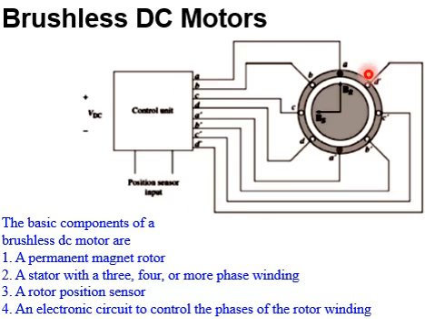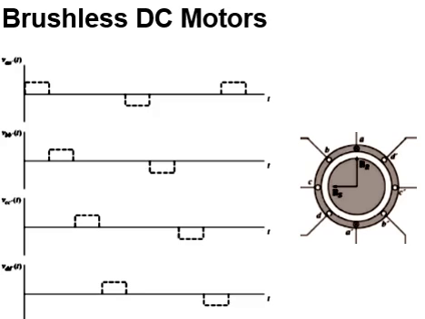And this is the complete circuit which is used, especially this unit, which is the control unit, which is used to control the phases of the rotor windings. So this is how the A, B, C and D phases and windings are working.